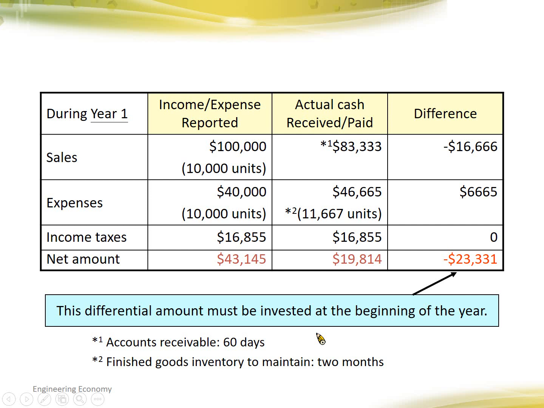So these are the true cash flow. And the difference between what we can see on the books for tax purposes and what the cash flow actually is, there's a discrepancy.